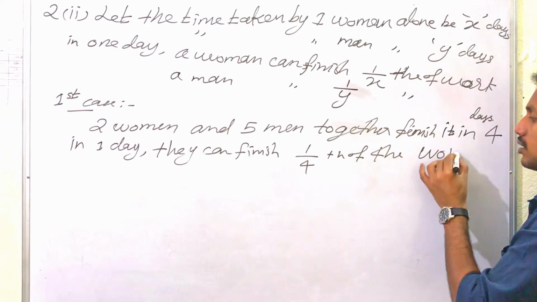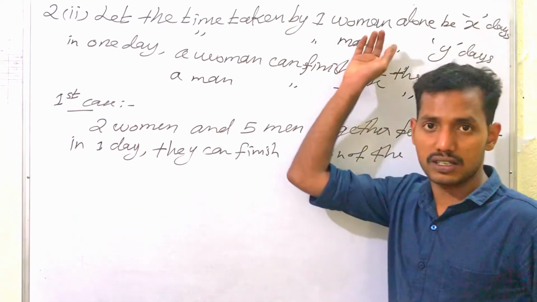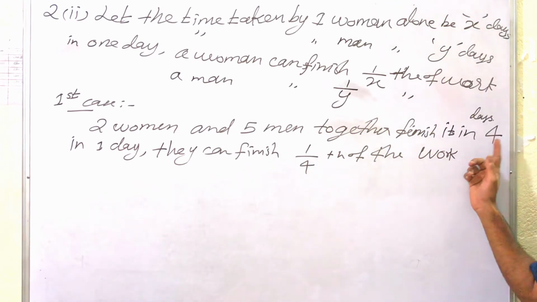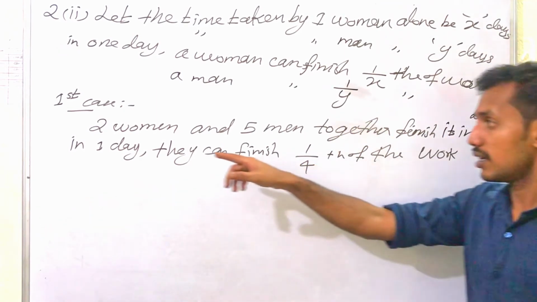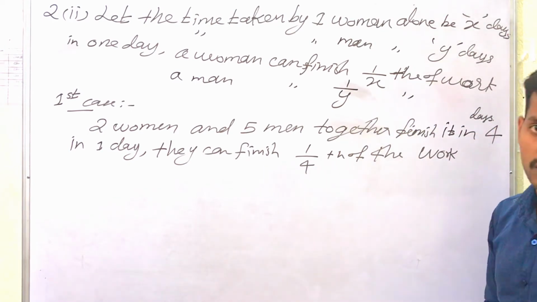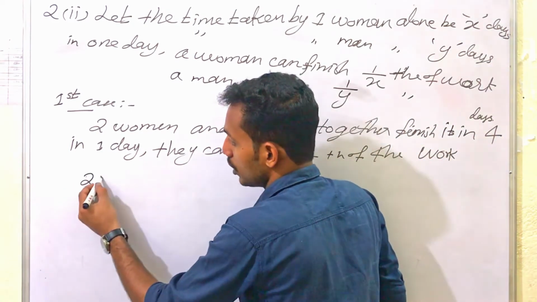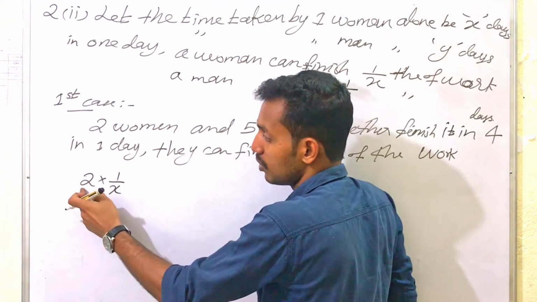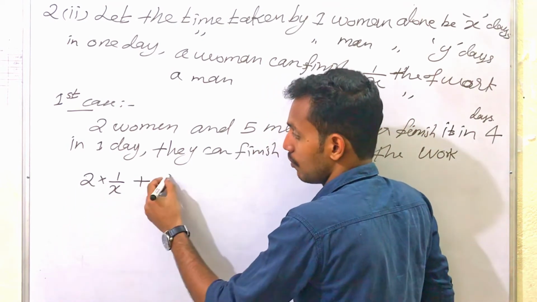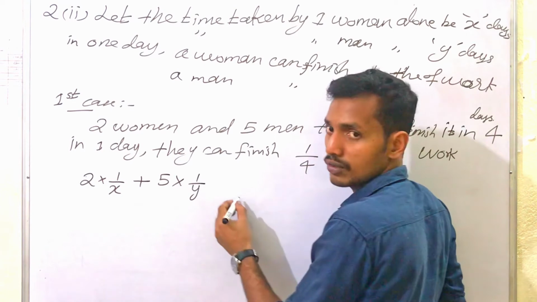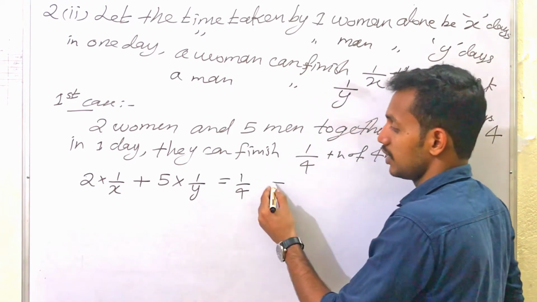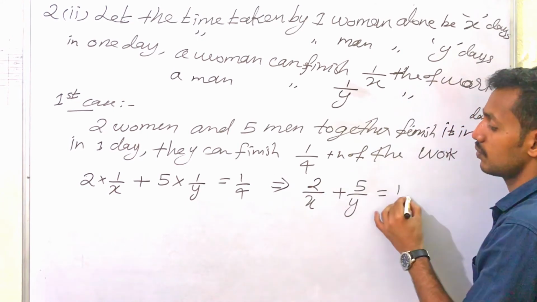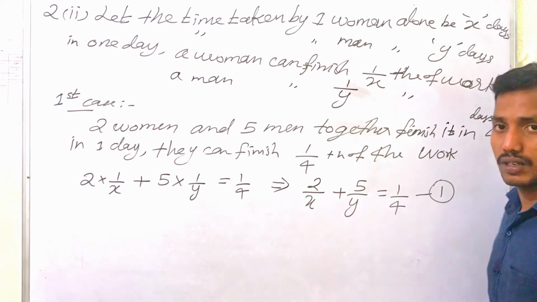Same as we did here: if x days are needed, 1/x is completed in 1 day. Similarly, if together they need 4 days, then in 1 day together they can finish 1/4. In 1 day, 1 woman can finish 1/x. Clear? That means 2 women can finish 2 into 1/x, plus 5 men can finish 5 into 1/y, is equal to 1/4. That implies 2/x plus 5/y is equal to 1/4. Equation number 1 is very important.